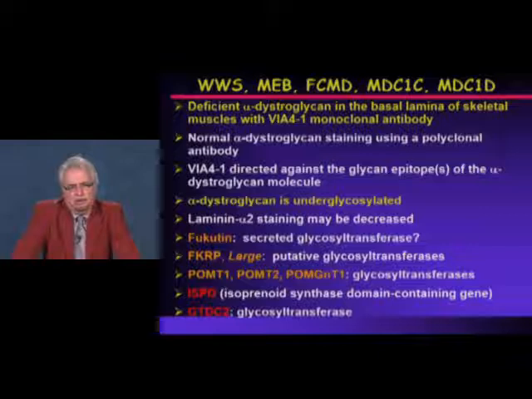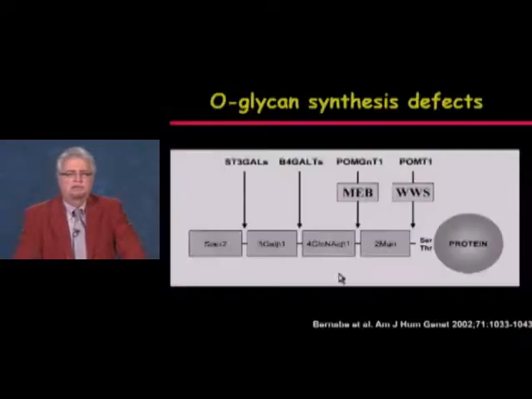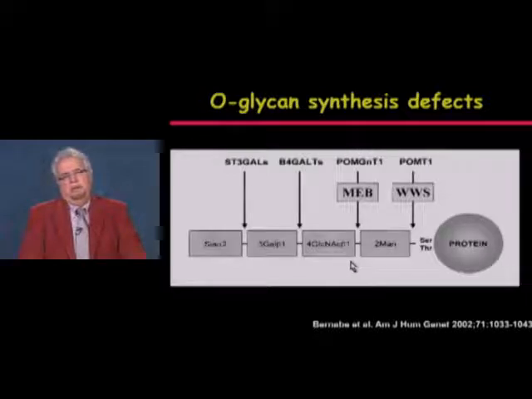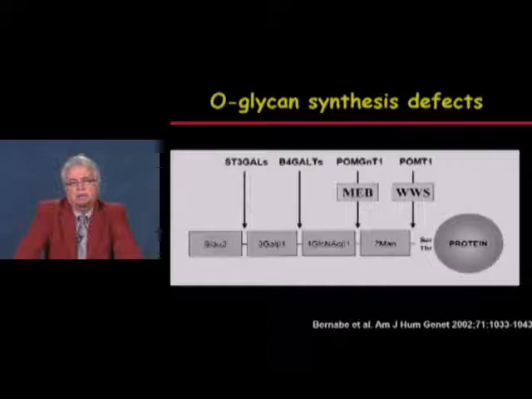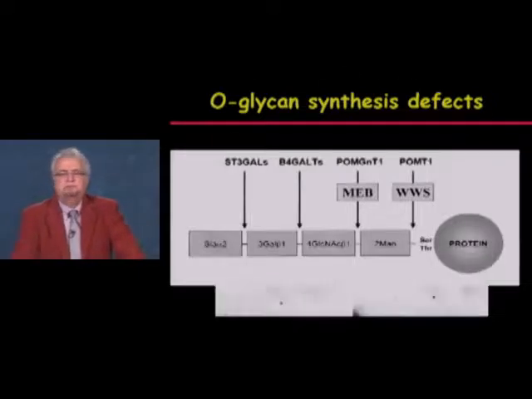So these enzymes, if they're not present in large amounts, if they're defective, they lead to deficient glycosylation of alpha-dystroglycan, and therefore the binding with laminin becomes compromised, and the whole complex falls apart, which creates muscular dystrophy.